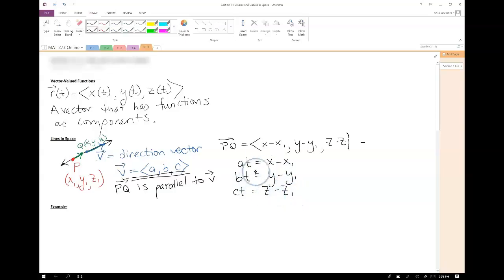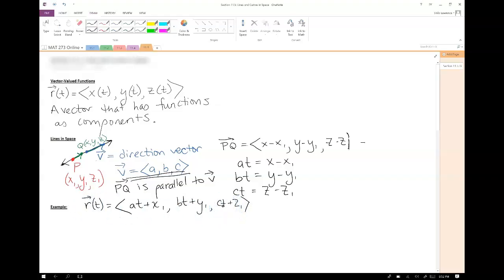So if we were to solve these equations for x, y, and z, we would get a vector-valued function, r of t, which has components a times t plus x1, b times t plus y1, and c times t plus z1. So this is a vector notation for a line in space.